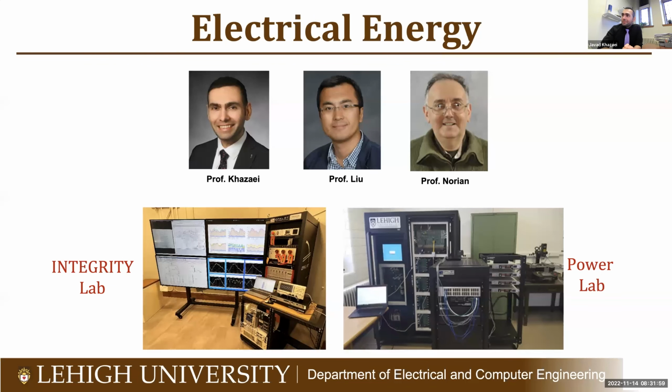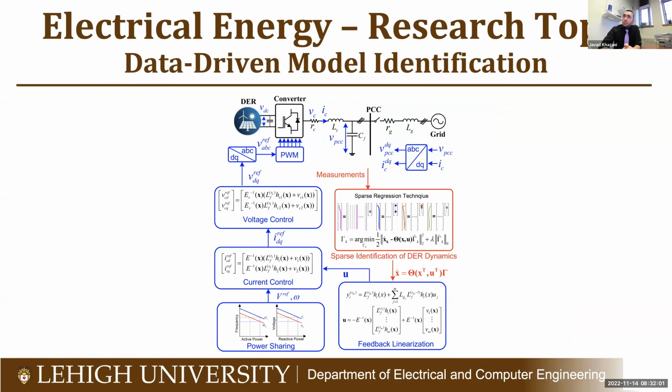Next slide, please. This is one of the areas that we recently started looking into, and that's data-driven modeling. On the figure, you see a structure of a power converter. This is a structure of a distributed energy resource. It can be a solar energy conversion system, wind energy conversion system, or battery storage system that is connected to the electricity grid.